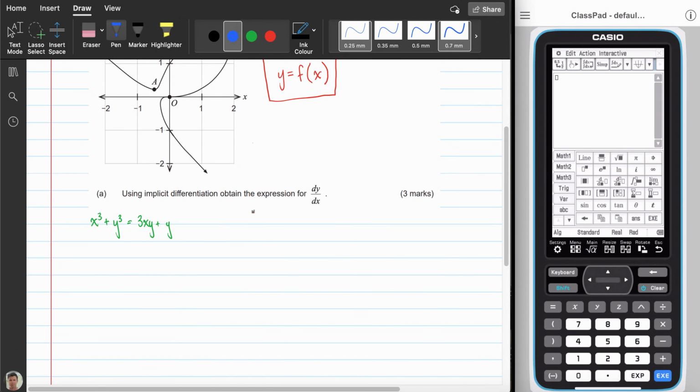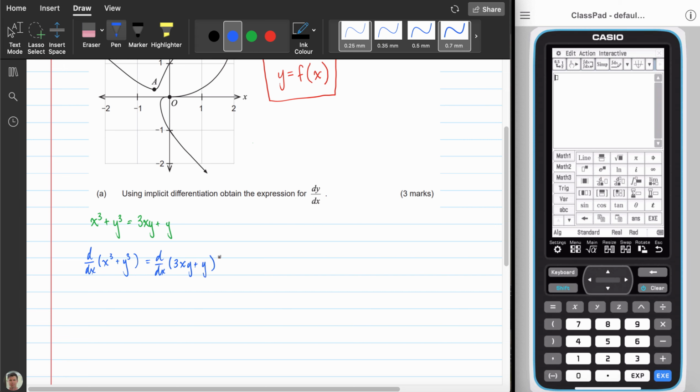Like any implicit differentiation calculation, guys, what we're going to do is take the derivative with respect to x of both sides. So I'm going to have d dx of x cubed plus y cubed, and that's equal to the derivative with respect to x of 3xy plus y.